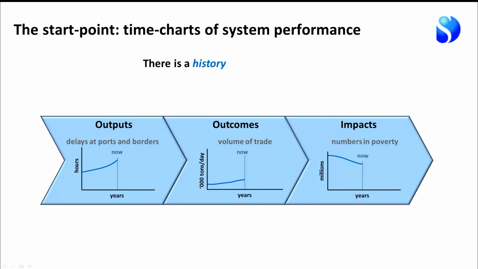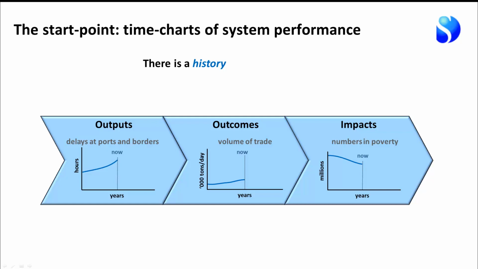The outcome from this is that trade, which might otherwise be growing quite fast, is actually growing quite slowly. It's growing slowly in spite of the fact the delays are getting worse, because maybe more ports and borders are opening up, but we've still got this problem of delays. The result of this is that, yes, we are slowly making progress in reducing the degree of poverty in the country, but not as quickly as we'd like.